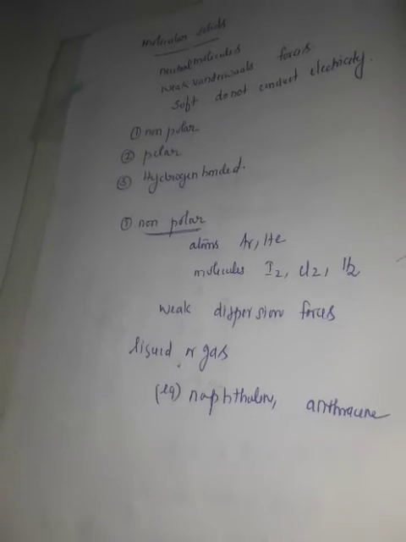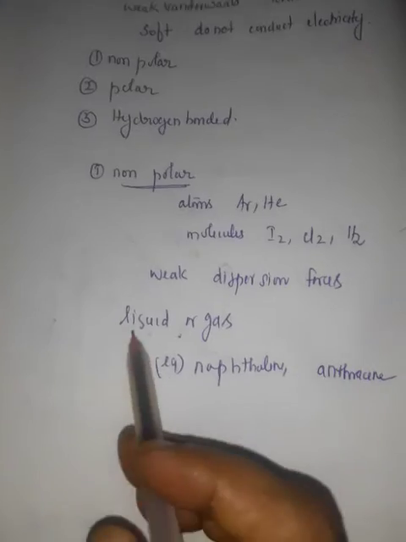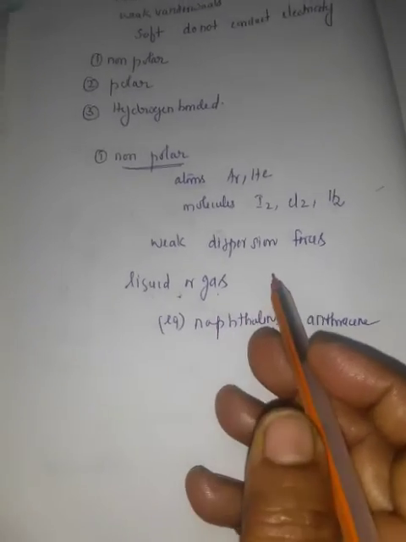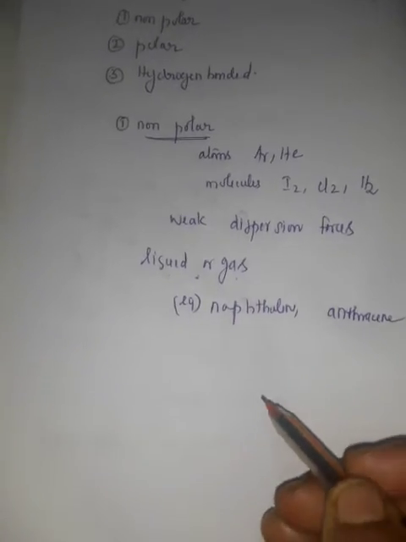These molecules are soft and they do not conduct electricity. They have low melting point and usually occur as liquid or gas at room temperature and pressure. Example, naphthalene, anthracene, etc.